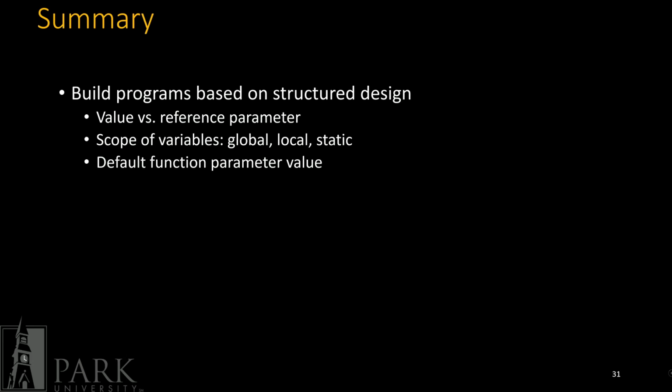And then we also talked about scope and how to use global, local, and static variables within your code appropriately. And then finally, we ended with how to use default values within function declarations, so that if you have a value that most of the time is going to be this value, then it's a good idea to include a default parameter value.